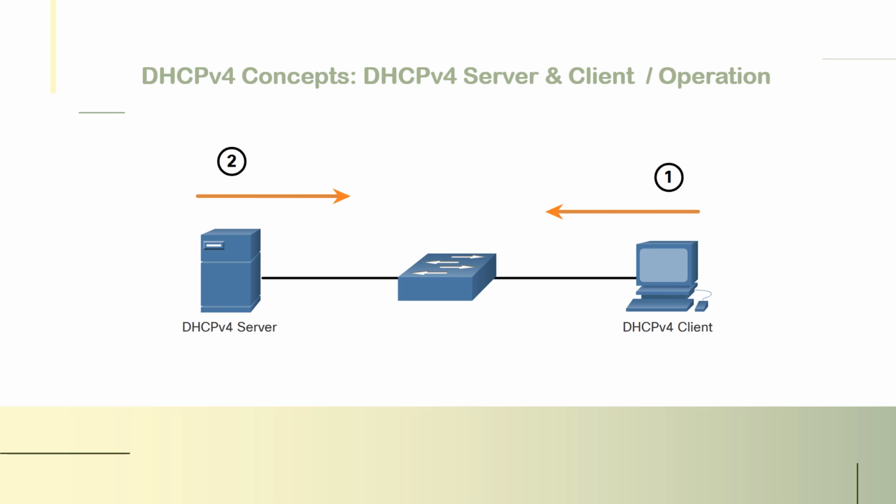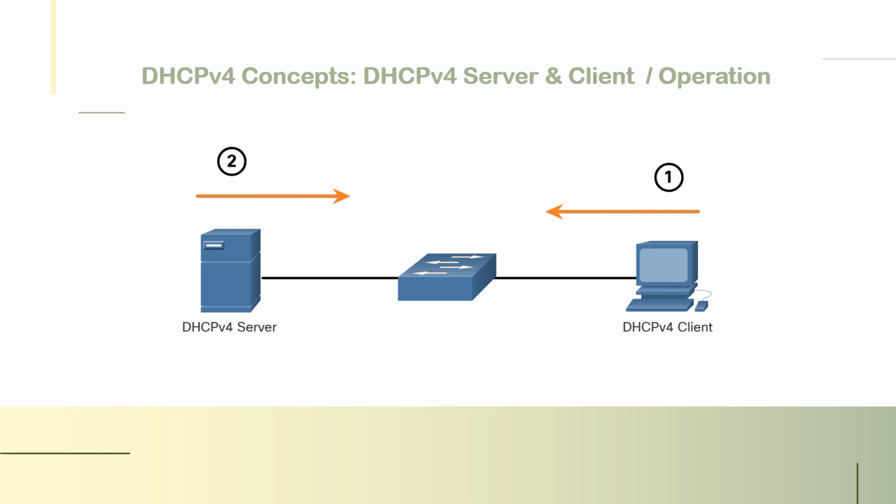When a client communicates with a DHCP version 4 server, the server assigns or leases an IPv4 address to the client. The client connects to the network with that leased IPv4 address until the lease expires. The client must contact the DHCP server periodically to extend the lease.